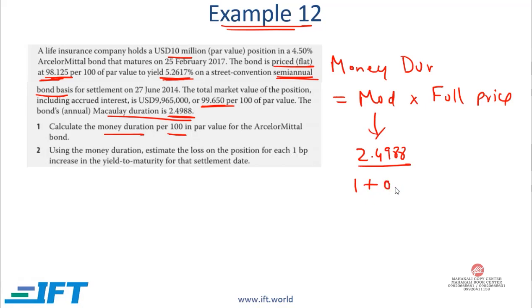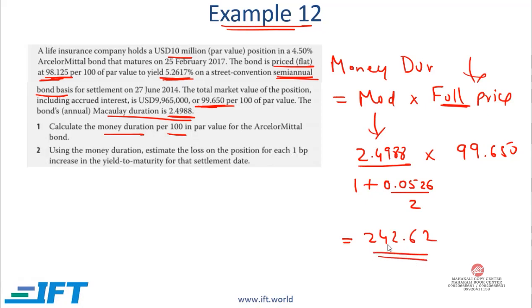In decimals it is 0.0526 divided by 2. I'm just going to 4 decimal places here, multiplied by the full price. And again, I emphasize full price because you are given both the flat price and the full price. You are supposed to use the full price, which is 99.650. When you do the calculation, you should get 242.62. This is the money duration.